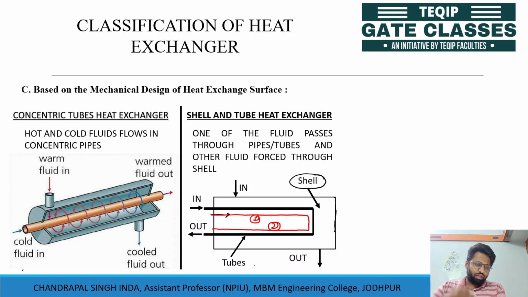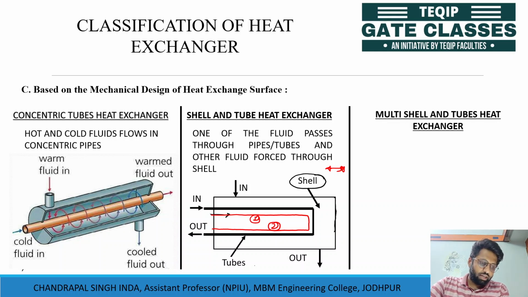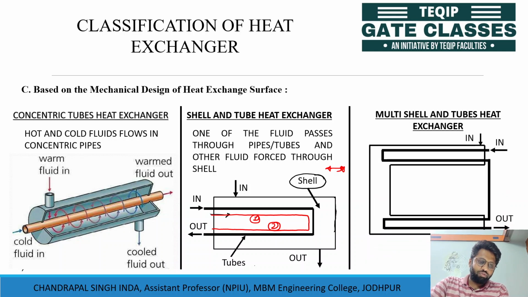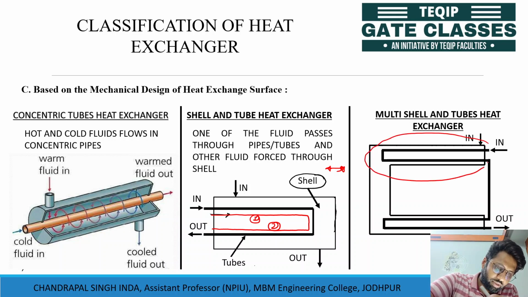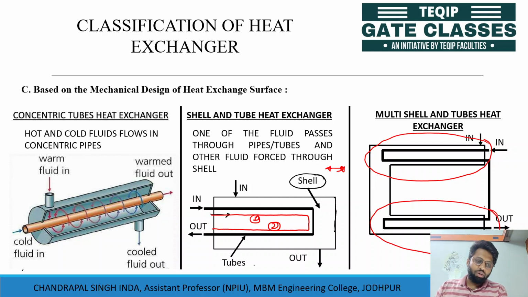So further, the shell and tube design is expanded, and we have the multi shell and tube heat exchanger, in which for understanding of this, we have two shells. This is one shell, and this is another shell. So here we have two shells, and we have four pipes: one pipe, second pipe, third pipe, and fourth pipe.